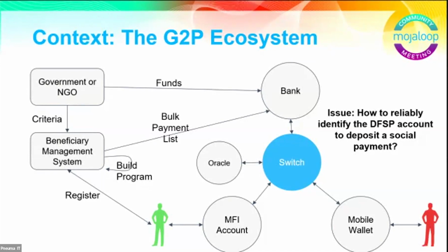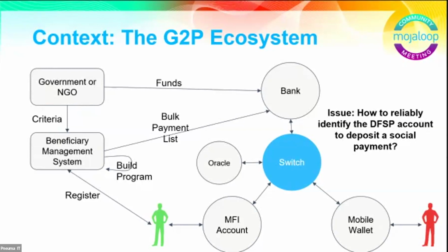So you build bulk payments lists, and the bulk payments lists are then forwarded to the bank that can support bulk payments. And at the same time, the government actually provides the funds to the bank to support those payments. And then the bank will, in our scenario at least, integrate with Mojaloop to initiate all of those bulk payments.